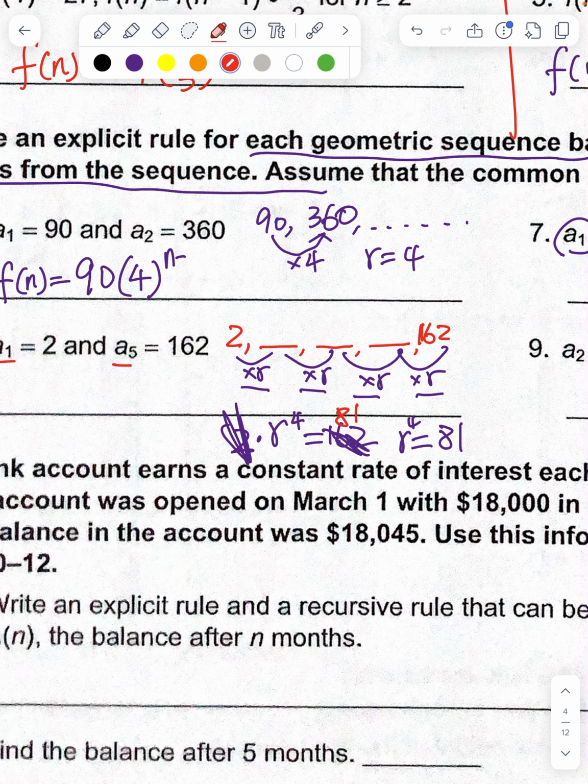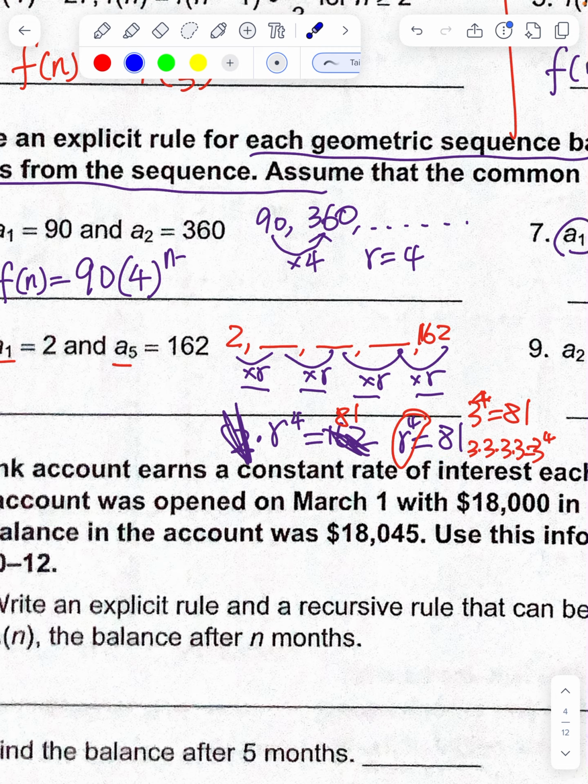So what number raised to the fourth power equals 81? That is 3. 3 times 3 times 3 times 3. So 3 times 3 is 9. 9 times another 9 is 81.